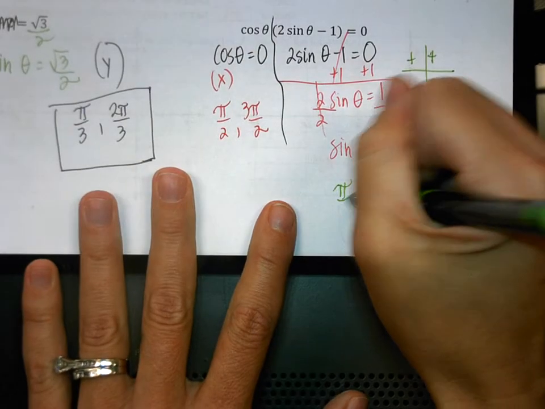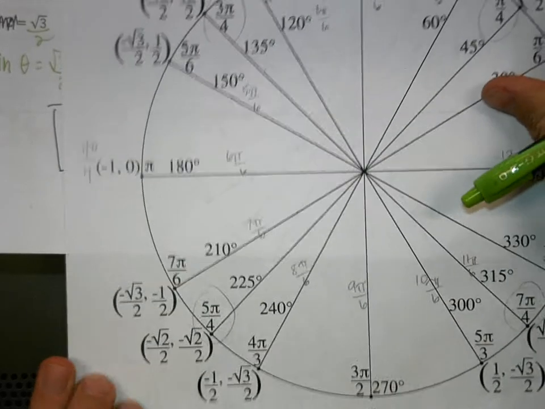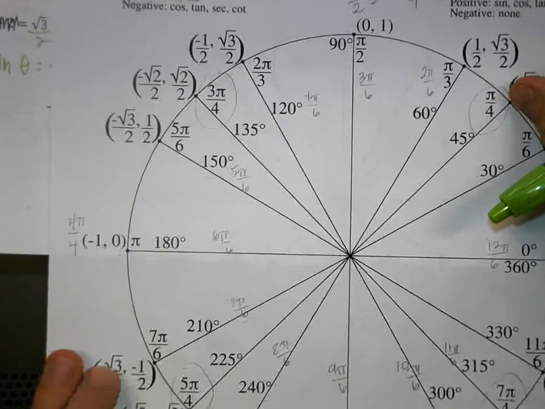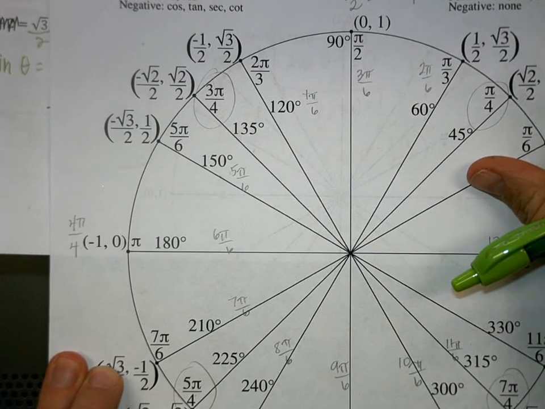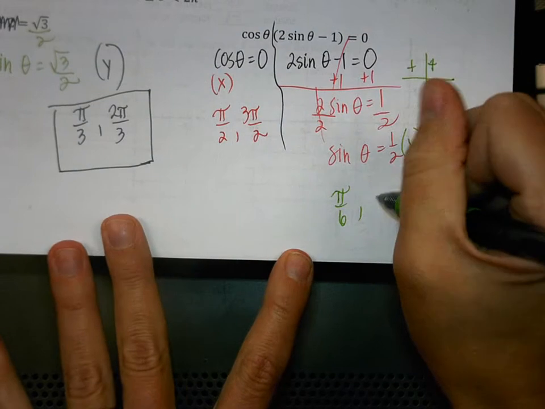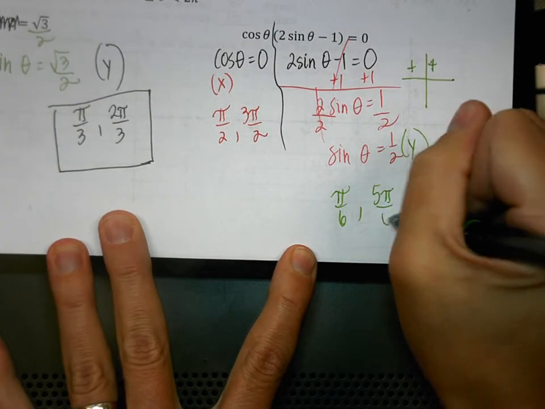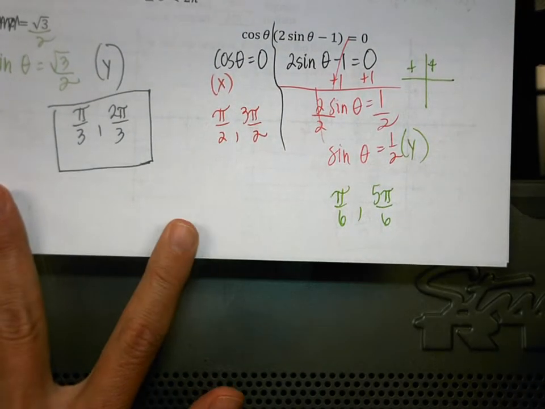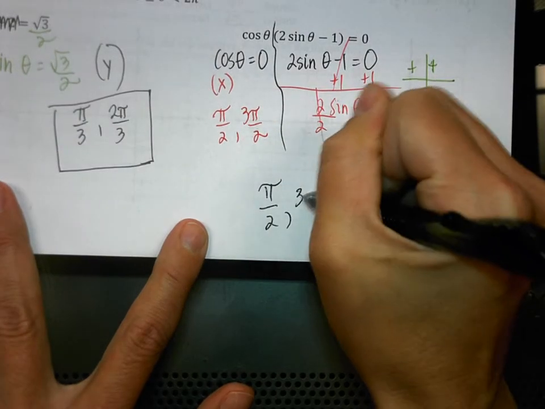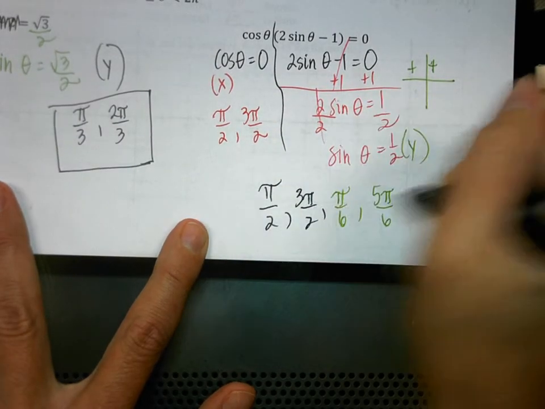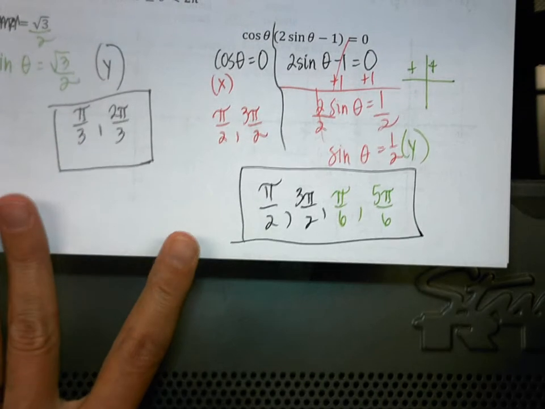And then in quadrant 2 will be where? 5 pi over 6. So this question actually had 4 answers. Do we have any questions?